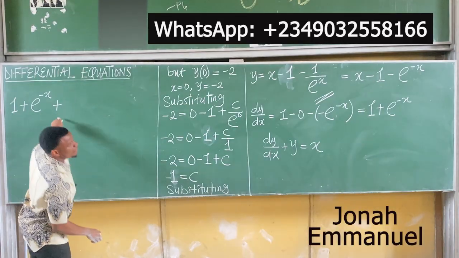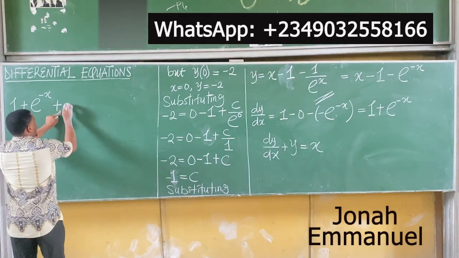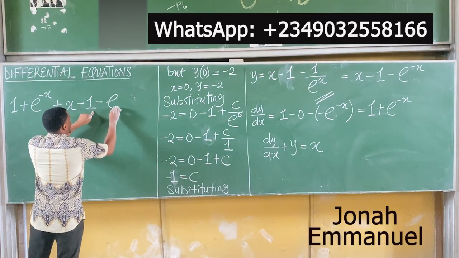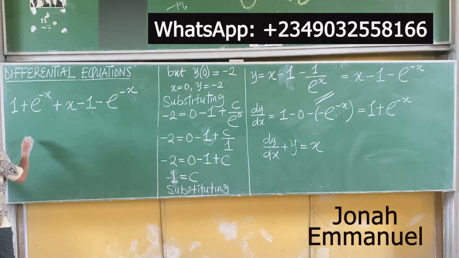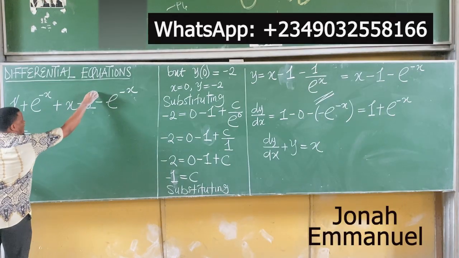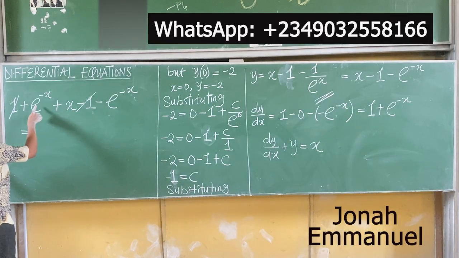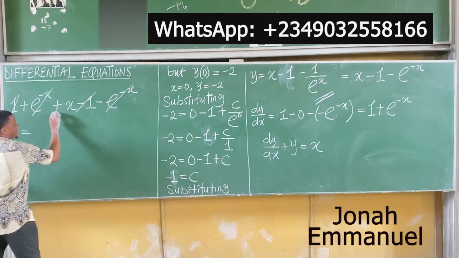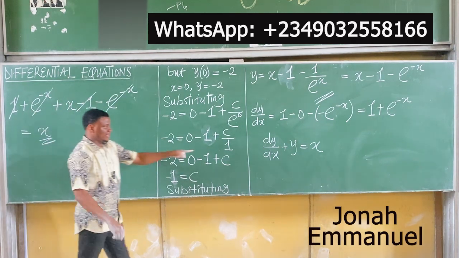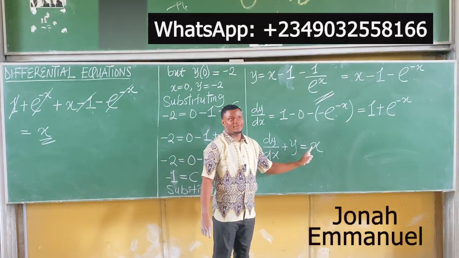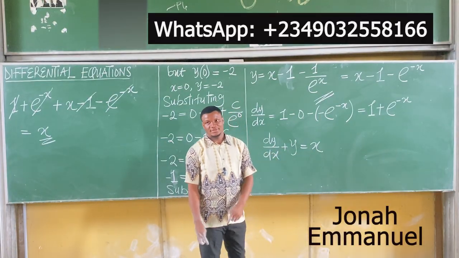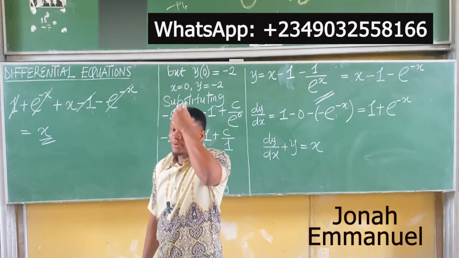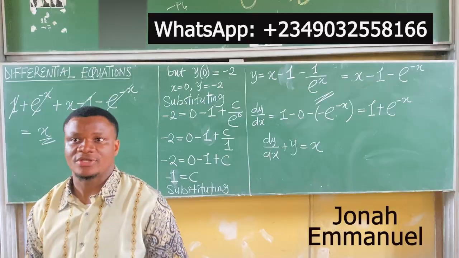What's the value of y? x minus 1 minus. From here, what do you observe? This is equal to 1, minus 1 cancels out, plus exponential minus x minus this. This cancels this. What's the answer there? That's why they were telling you that if I add it up, I'll have x. So it proves you're correct. So that's how it's done. All right, moving on. Next question.